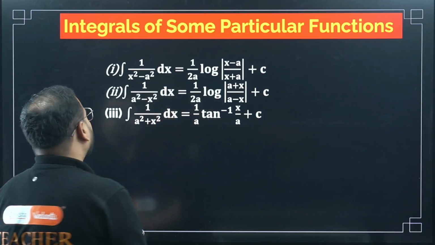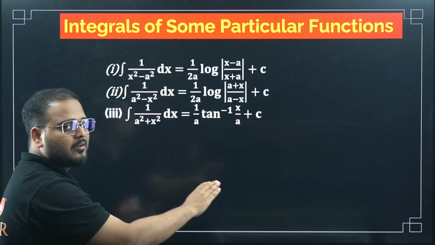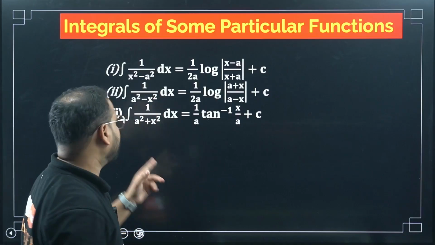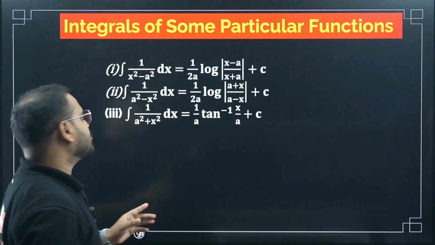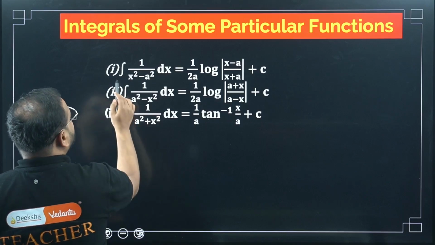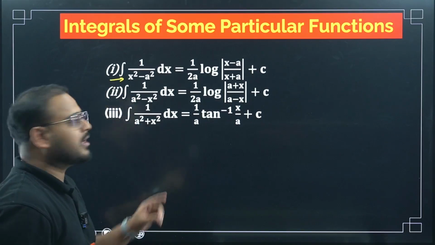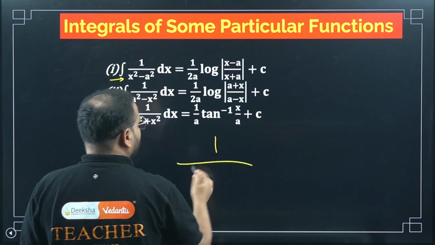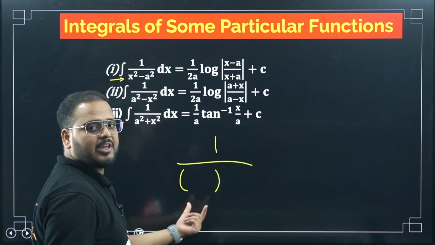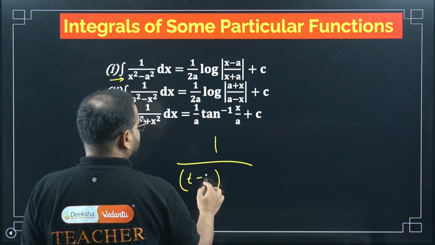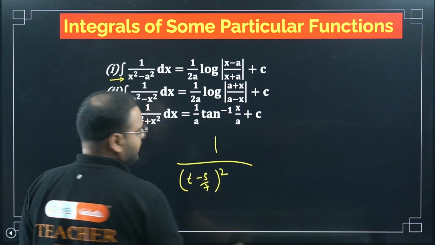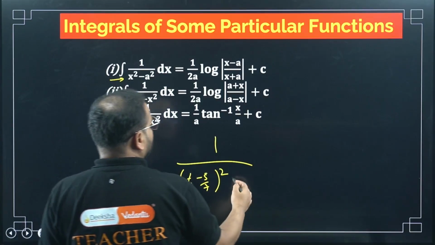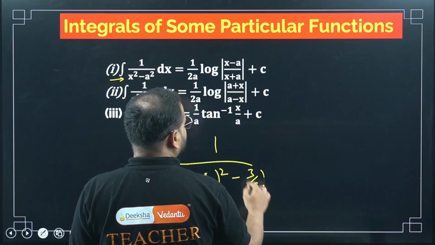Look at the first one. There is no root involved and square terms are there. That is mandatory: x square minus a square. Usually, instead of x, you will have some variable here. It can be (t minus 5 by 7) the whole square, and it can be (3 by 9) the whole square.